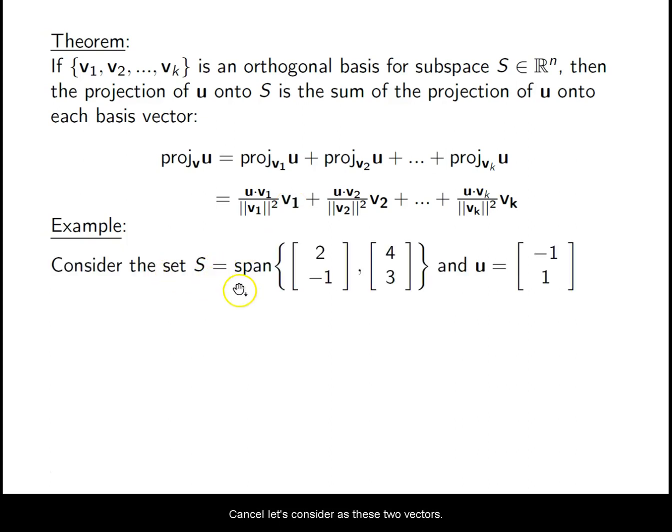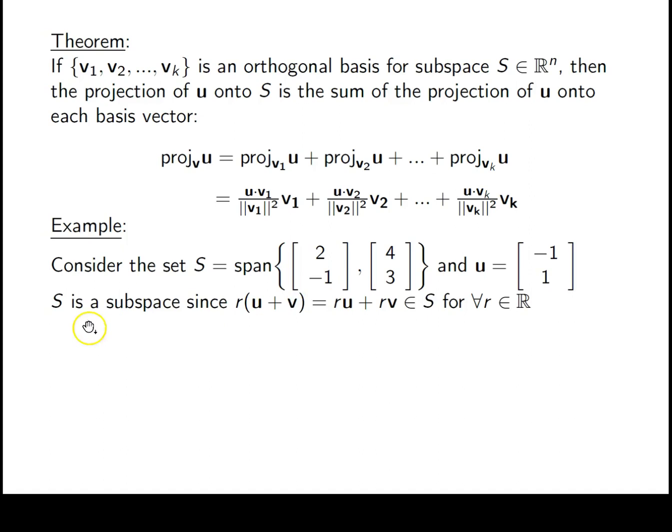Okay, so let's consider S, these two vectors, (2, -1) and (4, 3). We are going to project U onto S. So let's just make sure that this is a subspace. So S is a subspace since these conditions are true, right?